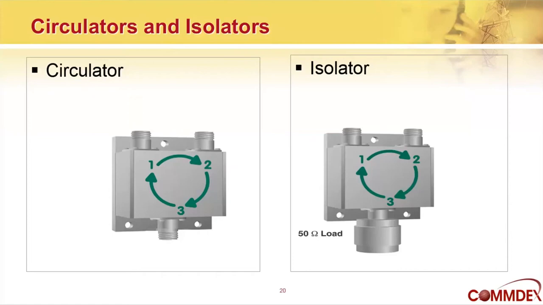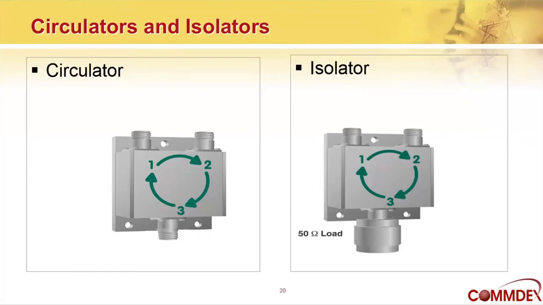If you put it into port 2, it wants to come out port 3. And if you put it in port 3, it wants to come out port 1. So you can see everything moves in a clockwise direction. And so it acts as a flow control device for radio frequency signals.